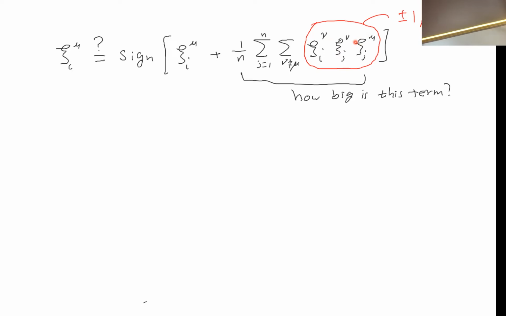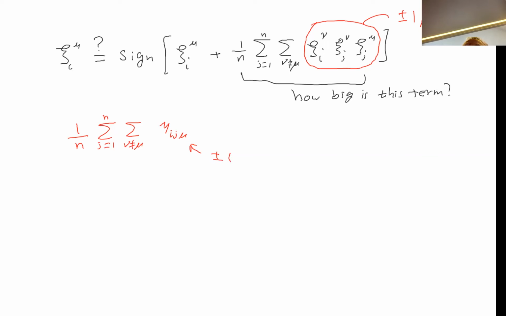So we have 1 over n, the sum j equals 1 to n, the sum nu not equal to mu, and there are sort of p minus 1 terms in there. We're going to just call this eta i j mu, plus or minus 1.